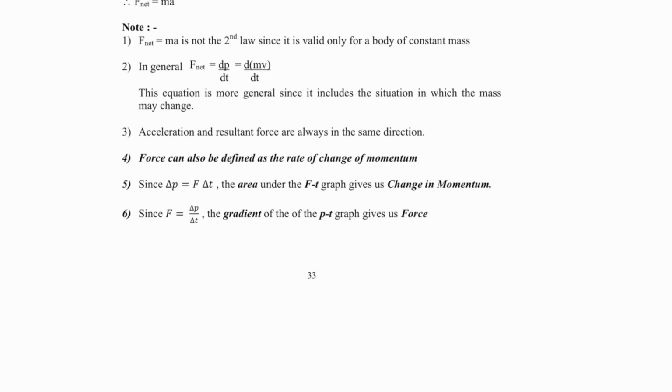Now, you can also derive this F equals ma from the definition of force. So if they ask you to define force in terms of momentum, you can also define force as the rate of change of momentum. So this is acceptable as well. So from this definition, we can also derive straight away.